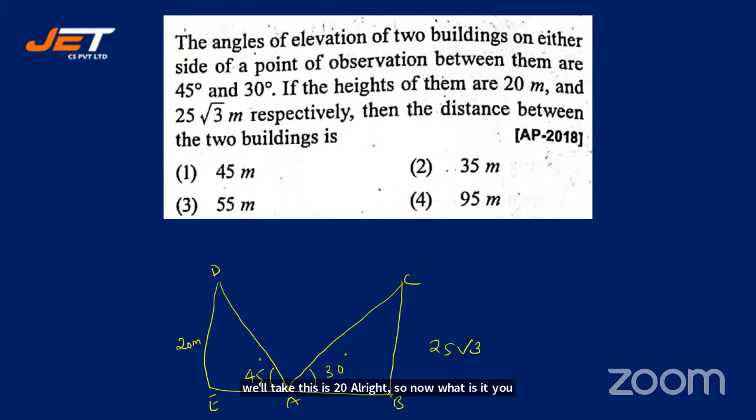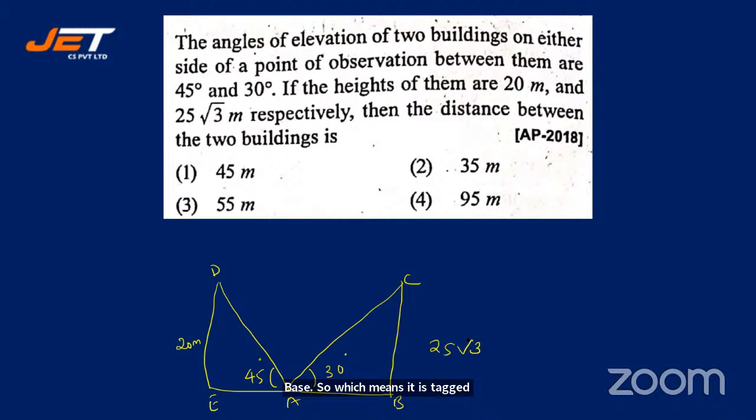The distance between the two buildings, which means it is EB. Now you know it is opposite side over base, which means it is tan theta.